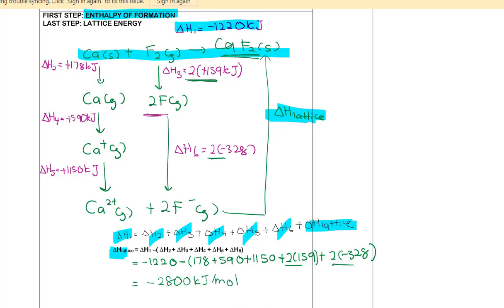Kita tolakkan summation daripada delta H2 sampai delta H6 lah. Okay, so untuk delta H3 dan delta H6, dia ada darab 2 lah dekat sini. Dan kita akan dapat jawapan. Again, lattice must be negative. 2800 kilojoule per mol. So, 1 mol calcium fluoride produced from its gaseous ion, it will release 2800 kilojoule of energy.